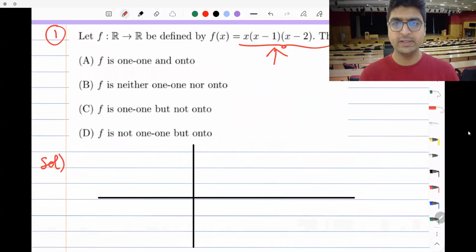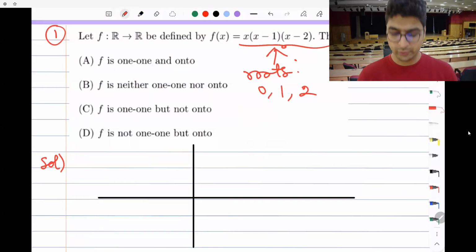So the first thing is, यहाँ पर आप roots देख सकते हो इस फंक्शन के. Roots या zeros कहते हैं, right? So roots are 0, 1 and 2. Okay, if you equate this function to 0, you'll get x equal to 0 or 1 or 2.